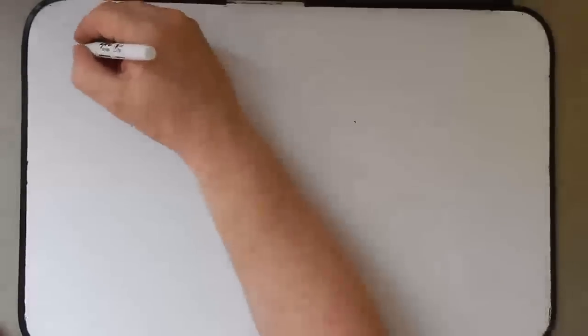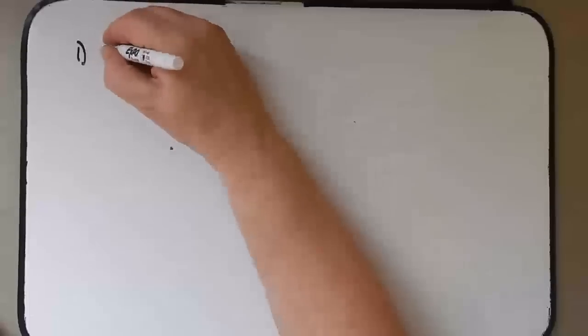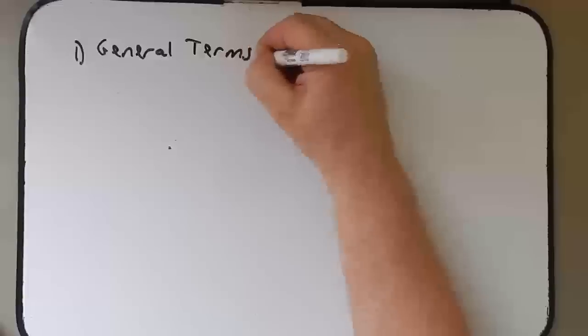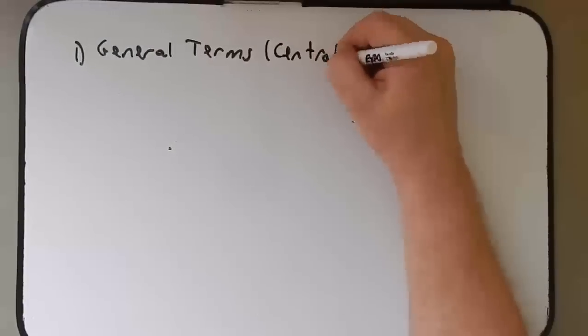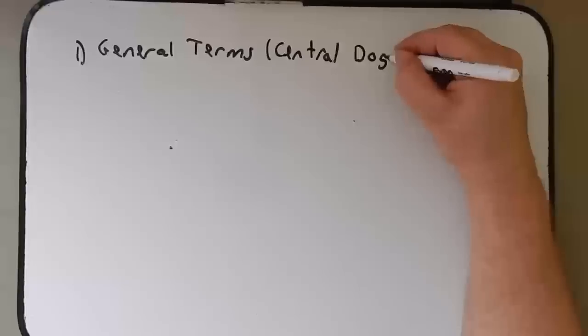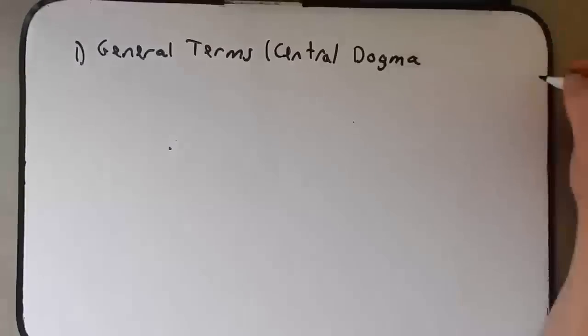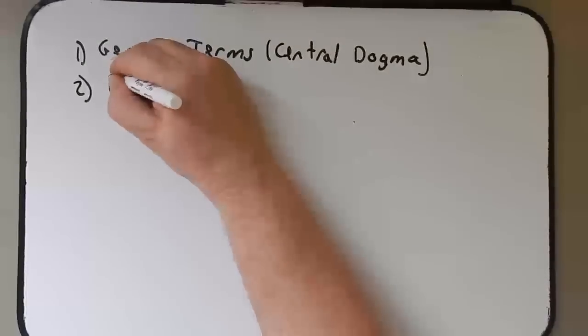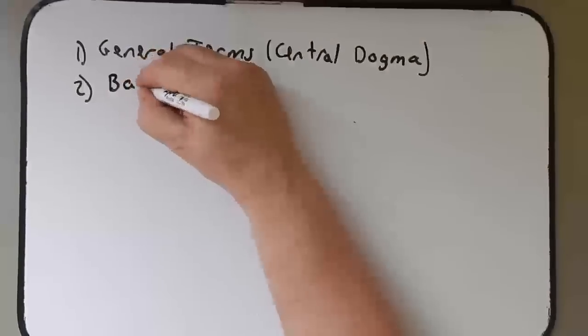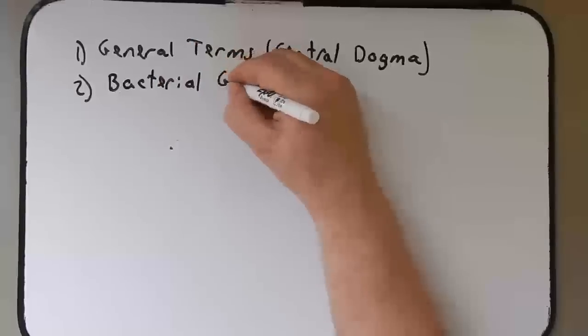In this podcast, remember, we talked about some general terms associated with regulating genes. We talked about the different levels of gene regulation, and to do that, we talked about the different stages of the central dogma, realizing that at each point of protein production or gene expression, a gene can be regulated. We then spent most of the podcast talking about bacterial gene regulation.